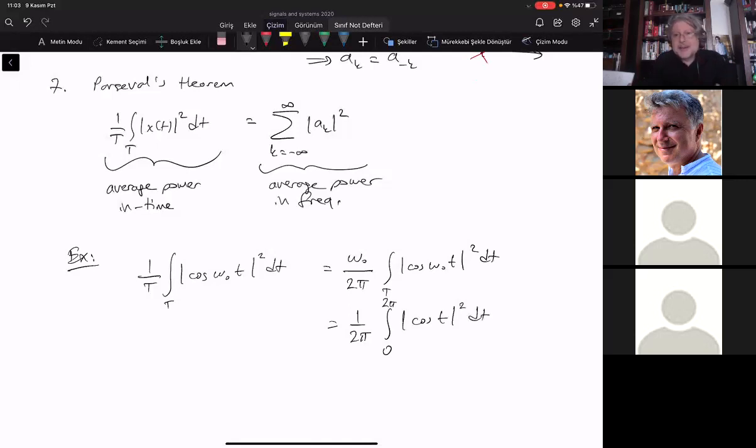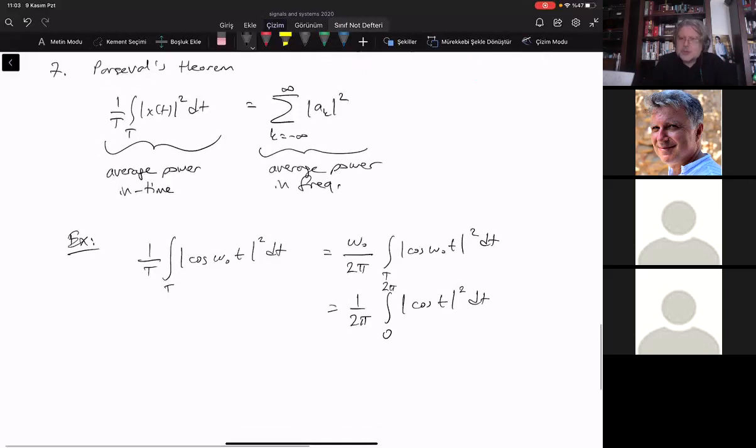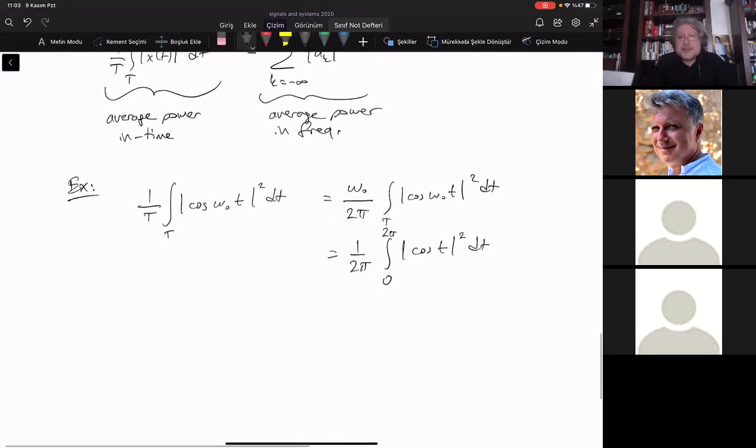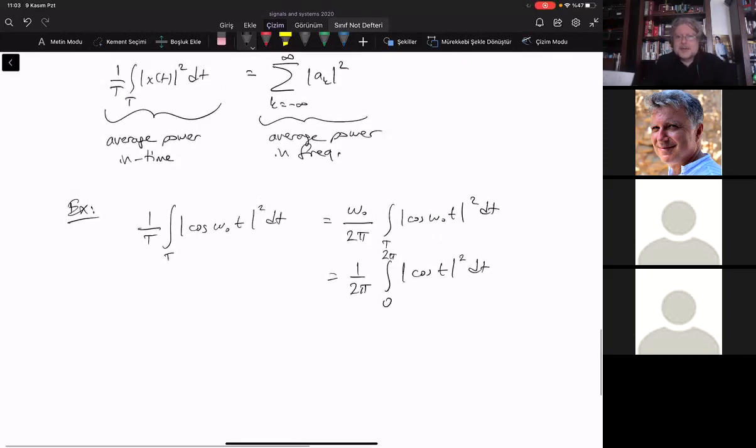What is this integral? It's a calculus question, and you may want to solve it. And you can do that. It's not very complicated. But if you know signals and systems, and if you know Parseval's theorem, you can sum the magnitude squares of a_k. What is a_k? There are two Fourier series coefficients. One of them is a_1, the other one is a_minus 1, and both of them are 1 over 2. We know it.